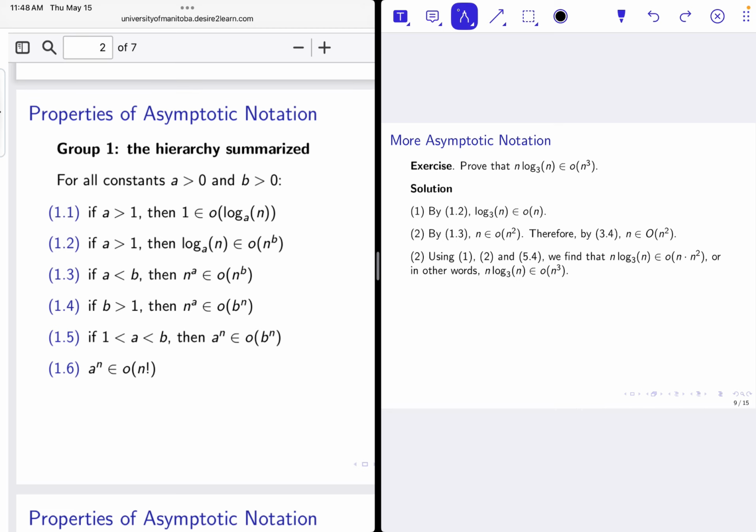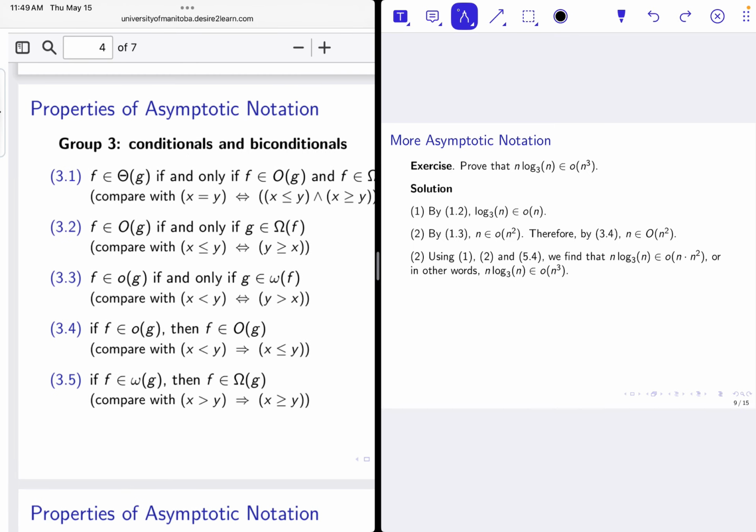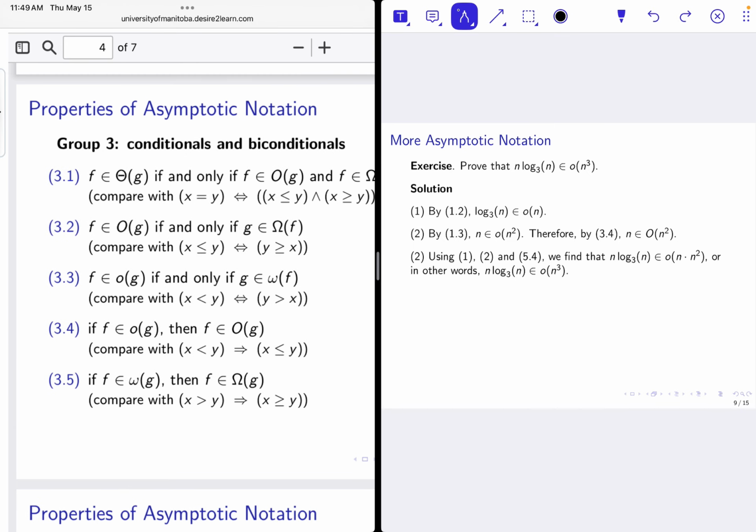Any logarithmic function is strictly smaller than any polynomial. So we do that with log base 3 and n. And then also we use the hierarchy as it pertains to polynomials to say that n is in little o of n squared. And then it follows from the fact that it's in little o of n squared that it's in big O of n squared.